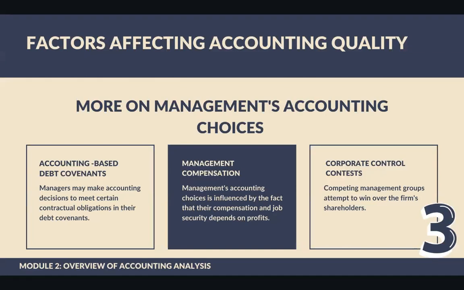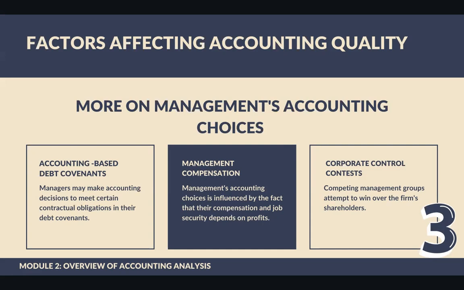So here are some factors that may affect the management's accounting choices. In doing business, we always have covenants or contracts with third parties. So we have what we call accounting-based debt covenants.